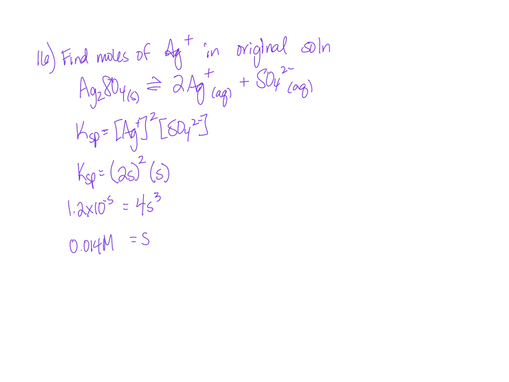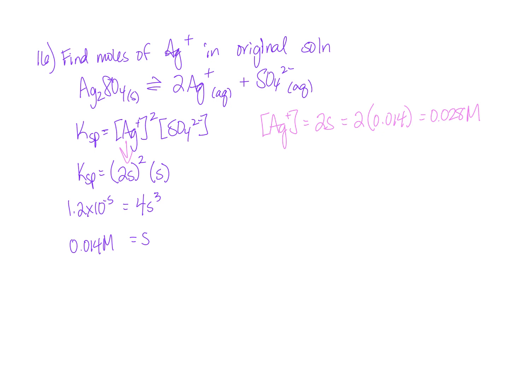Okay, so now what this means is that my Ag plus concentration, before I add anything to it, is equal to 2S. So I'm going to take that value that I just found and multiply it by 2. 0.014. And that tells me that originally I had a 0.028 molar solution of the Ag plus.